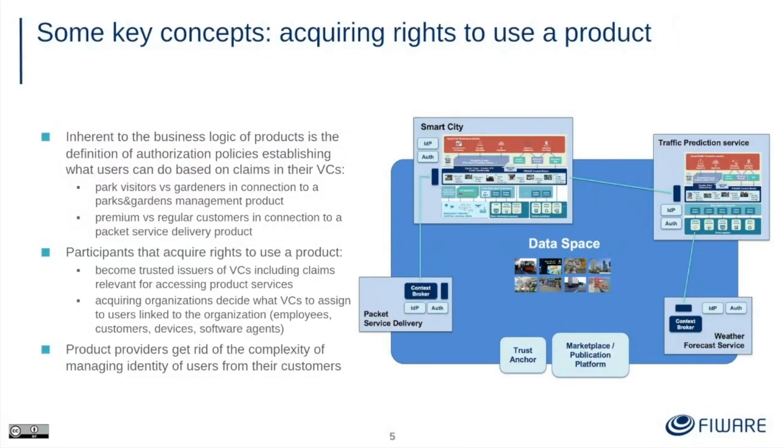We are also able to define different packages of product for that. You can imagine some premium access or some regular access to this application, which might have different levels of detail and different functionalities.